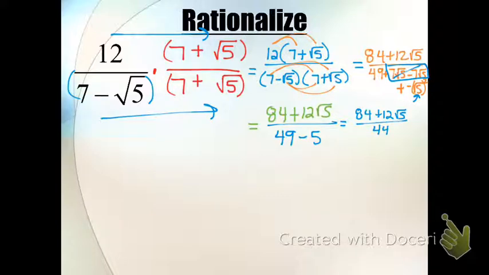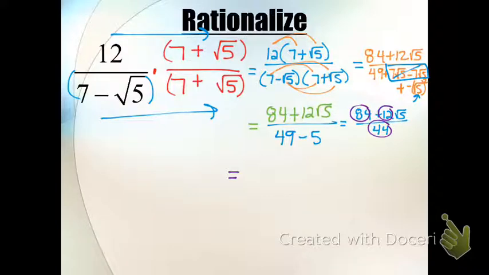Now, one of the things I notice is that these fractions here would still reduce. I notice that 84, 12, and 44, they all have a common factor of 4. So what I'm going to do is I'm going to end up dividing them all out by 4 so that I can reduce this fraction.